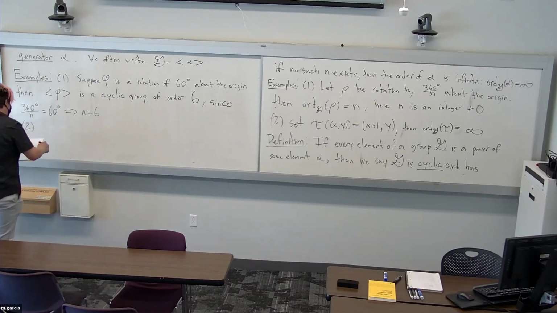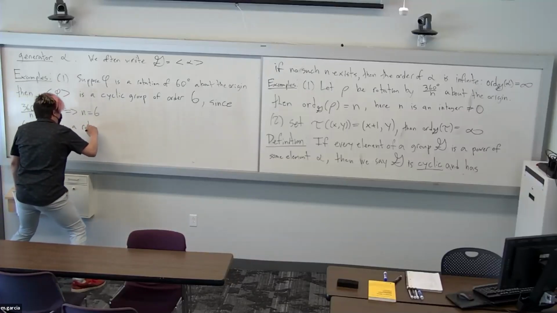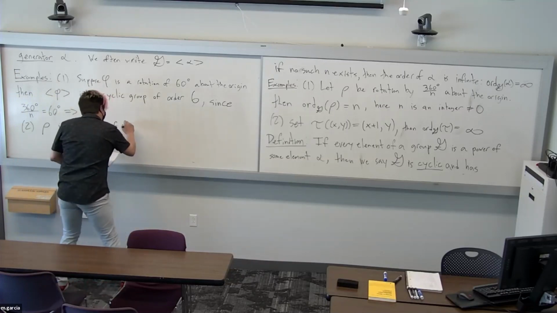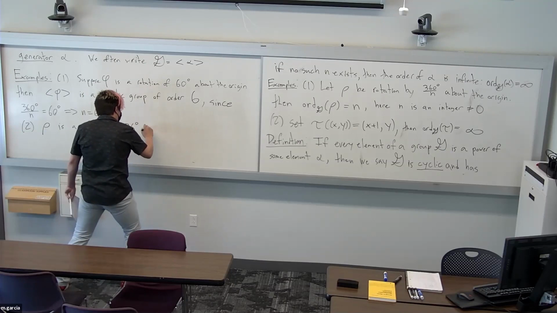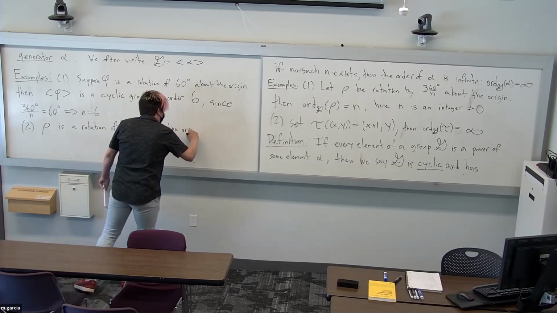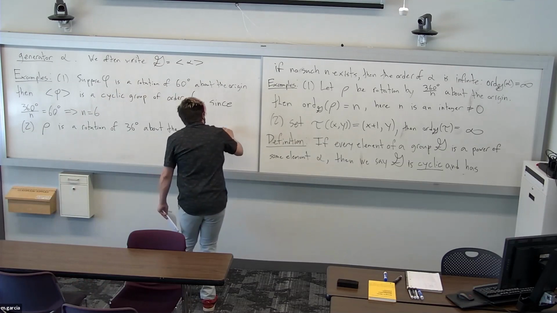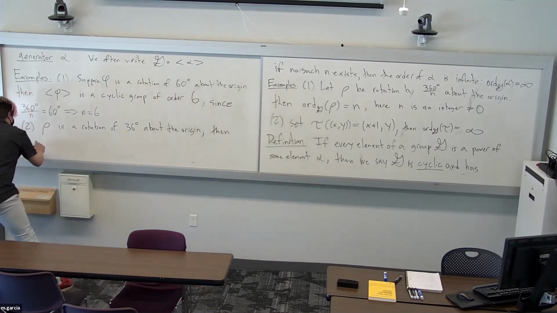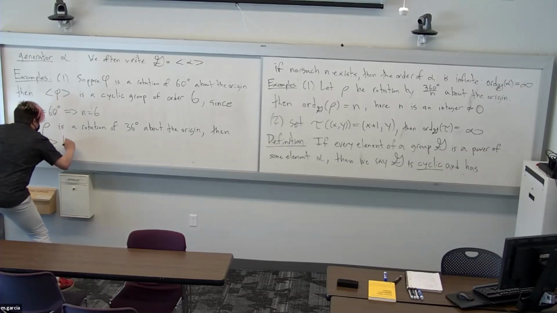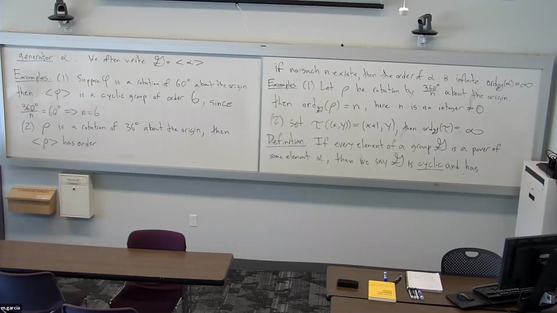Let's say that rho is a rotation of 36 degrees about the origin. Then the cyclic group generated by rho has order what? Yeah, good, has order 10.